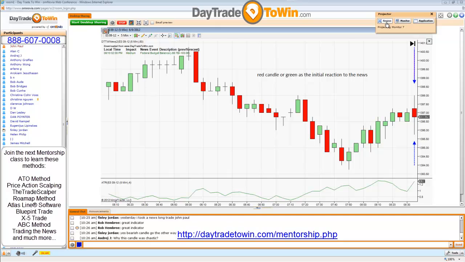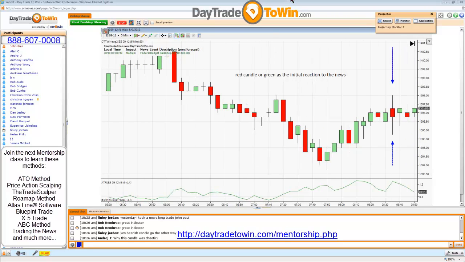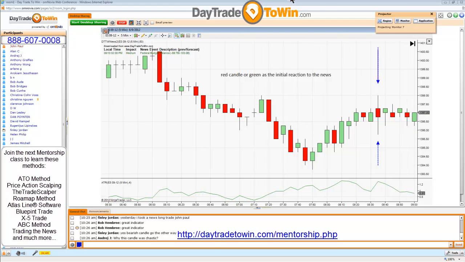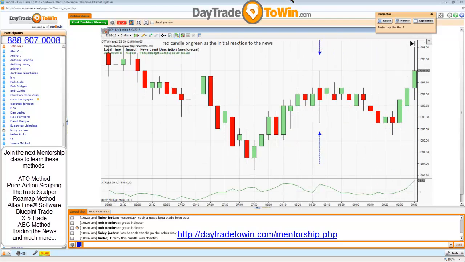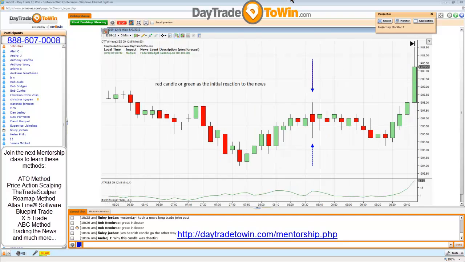And if it was a red candle, as it was, I don't want to go short. Instead, I'm going to look for an opportunity to buy when it happens. And the same thing, if this happened to be a green bar, I'm not going long, I'm looking for an opportunity to go short. So, as we move forward in time, remember, I'm not thinking about going short. I'm thinking about possibly going long when and if the opportunity arises.